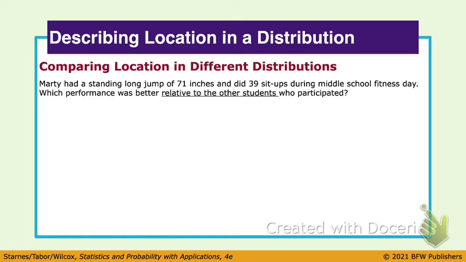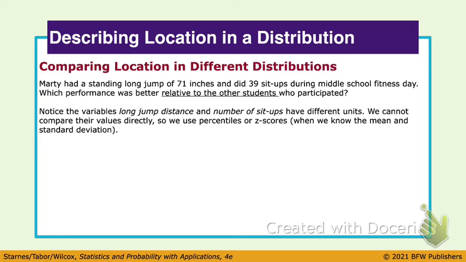Which performance was better relative to other students who participated? The long jump is in inches, while sit-ups is just a counting number, so we can't really compare them directly. I mean, 71 inches seems like it would be a pretty long jump, but is that better than 39 sit-ups? Well, I'm really not sure. It just depends on how that is in relation to the other students.